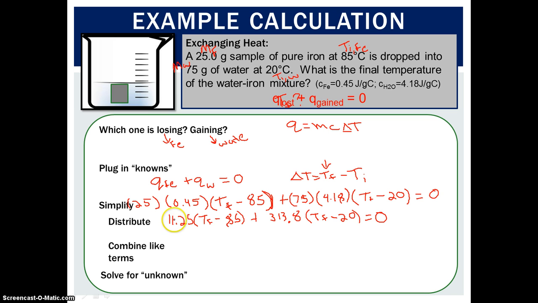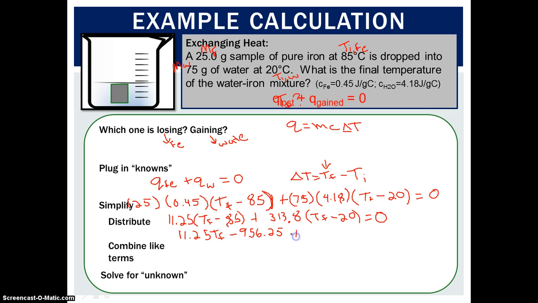And now distribute. This 11.25 distributes to TF and to 85. So first I have 11.25 times TF. Can't really do anything there. TF is a variable. Minus 11.25 times 85, which is 956.25.